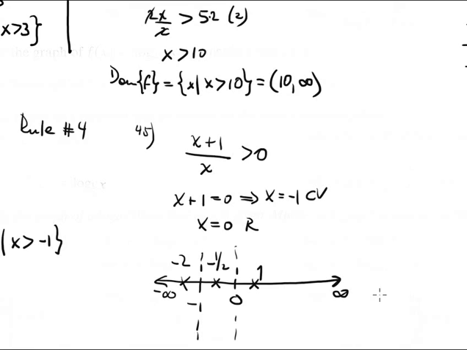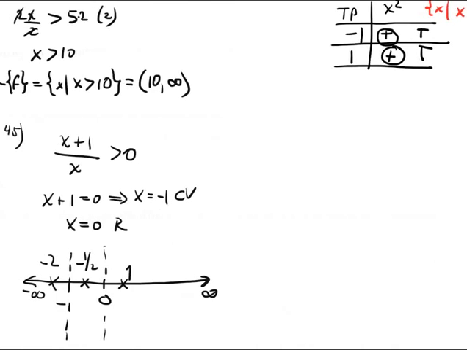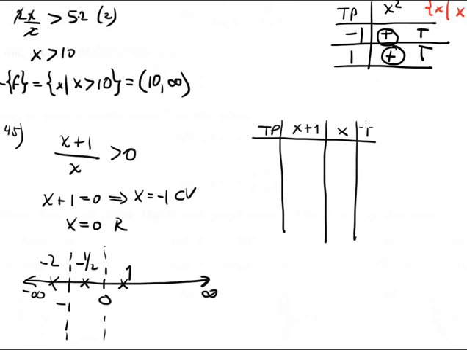And the sign chart has the factors x plus 1, x, and total. The testing points are negative 2, negative 1/2, and 1.